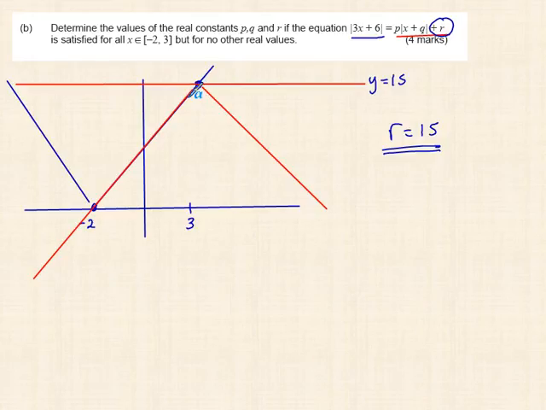It needs to come down here with the same gradient, so let's make p equal to -3.